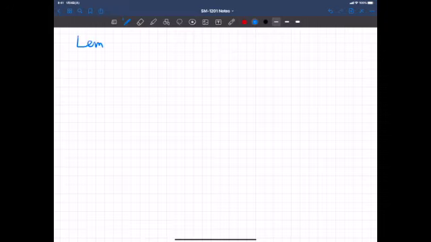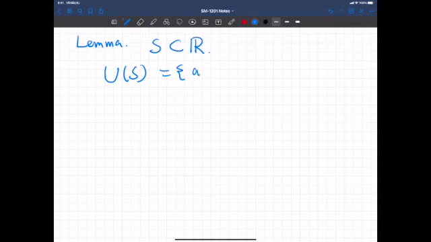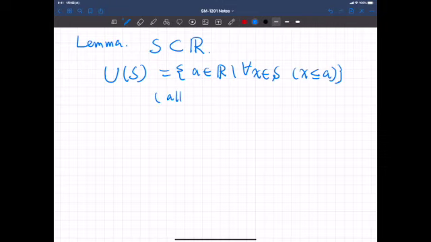Okay, so here's another lemma. Let S be a subset of real numbers, and we define the following subsets. So U of S is a subset of real numbers such that for all x in S, x is less than or equal to A. So in other words, this set is the set of all upper bounds of S, right?